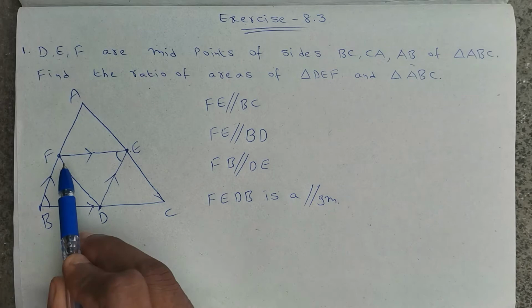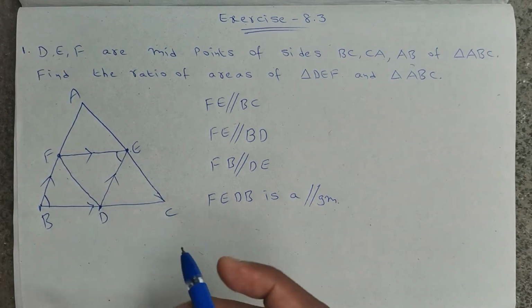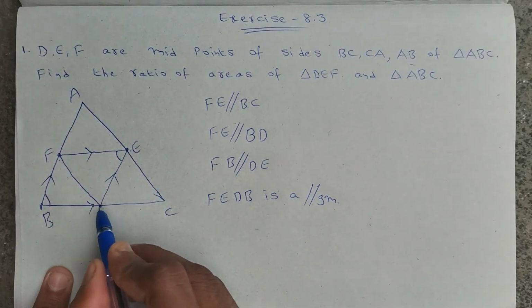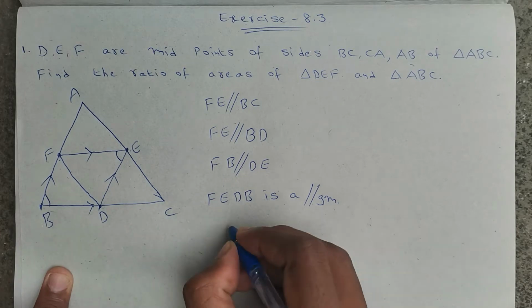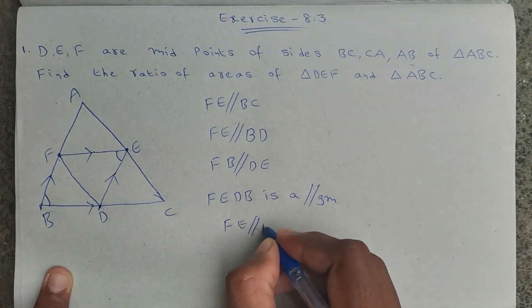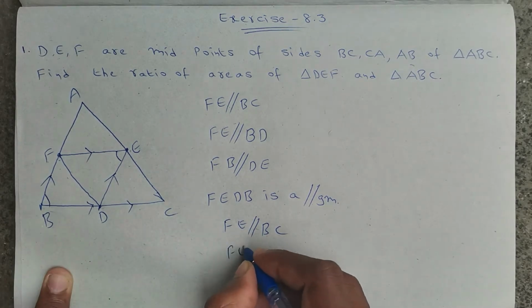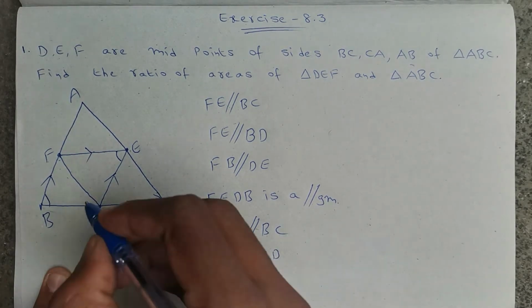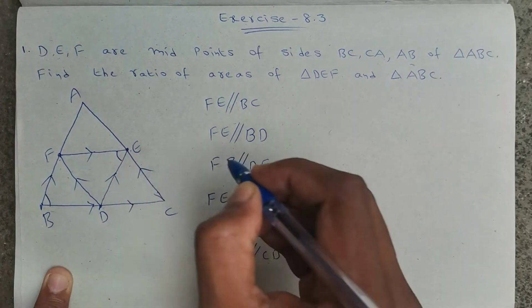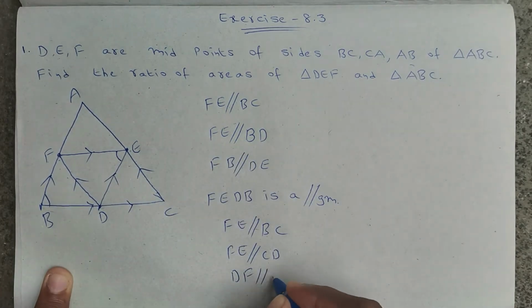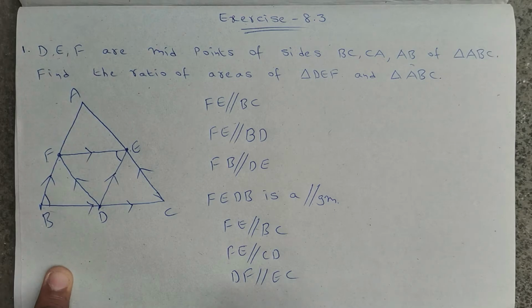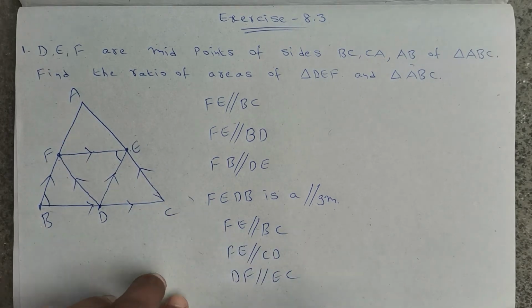Next, I am taking FECD. FE is parallel to the whole line BC, which means FE is parallel to CD. In the same way, DF is parallel to EC. So from this we can conclude FECD is a parallelogram.